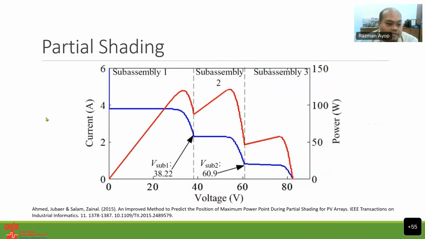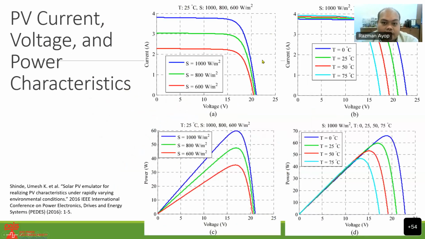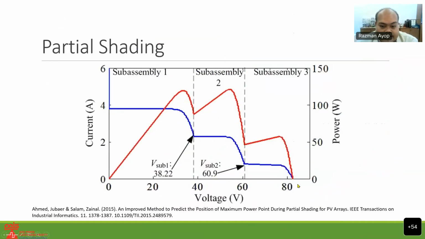I also would like to include partial shading. Partial shading is basically when some of the PV is shaded by maybe a tree or a building. As a result, you can see the blue line is the IV characteristic curve. Instead of a smooth one like before, it becomes a multiple step ladder, because of the multiple irradiance levels received by the PV.